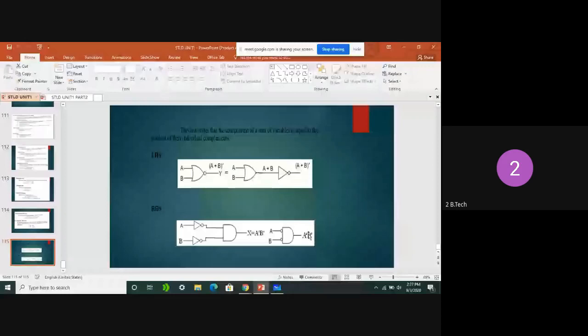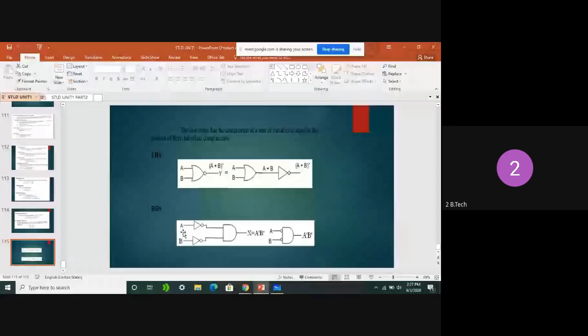One more study we have done: the NOR gate is similar to the bubbled AND gate. Bubbled AND gate means the inputs are reversed. We provide A, but after reversing it using a NOT gate, it goes to the AND gate. Similarly, B is also reversed and provided to the AND gate, so that we get the output A bar into B bar. Clear, all of you? Yeah, sir.